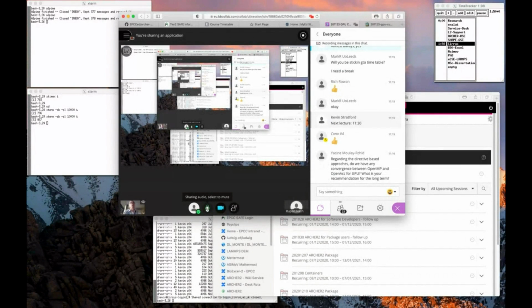There's a question in the chat regarding directives-based approaches, and the question is, do we have any convergence between OpenMP and OpenACC? In terms of convergence, I would say no. They are still separate and seem to be taking separate paths.